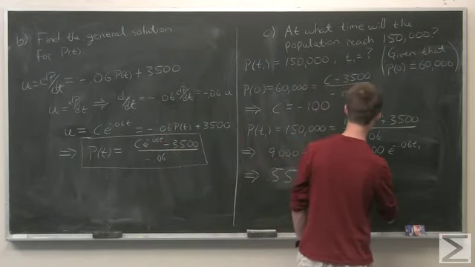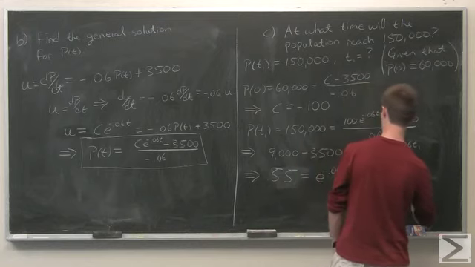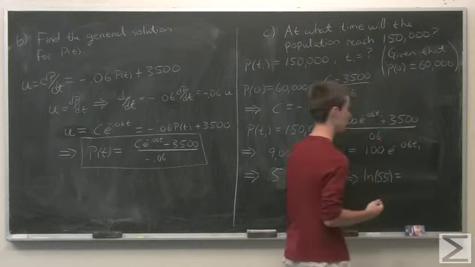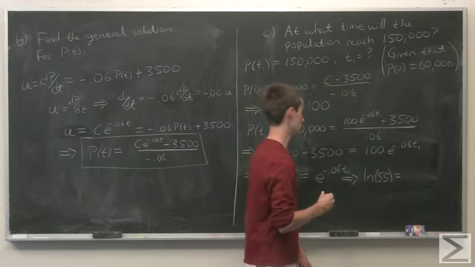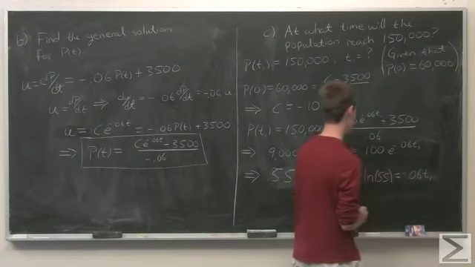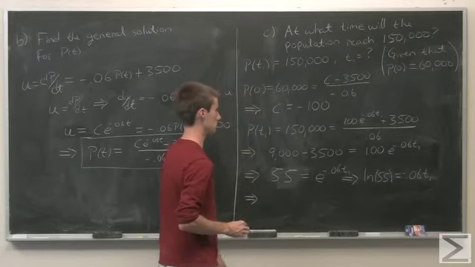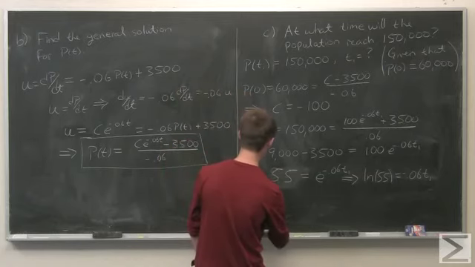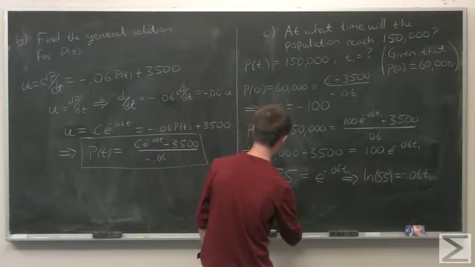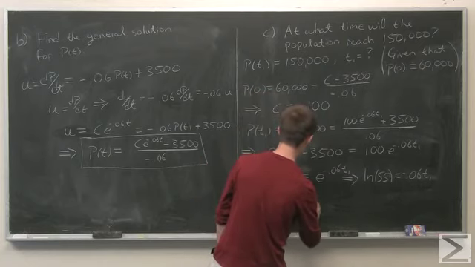Now we have that natural log of 55 is equal to natural log of e to the negative 0.06 t1, which is just negative 0.06 t1. And if we plug this into a calculator, we find that t1 is approximately negative 66.7.